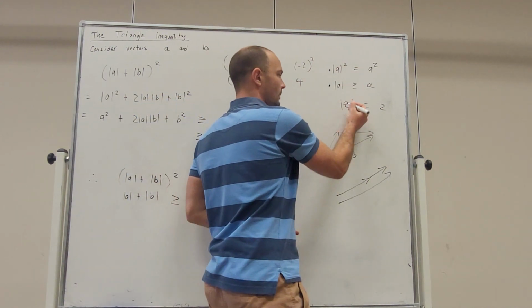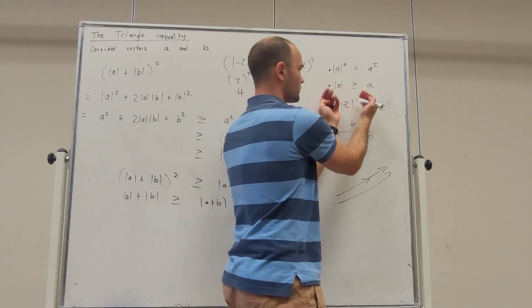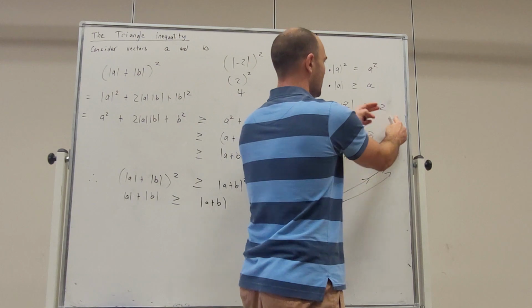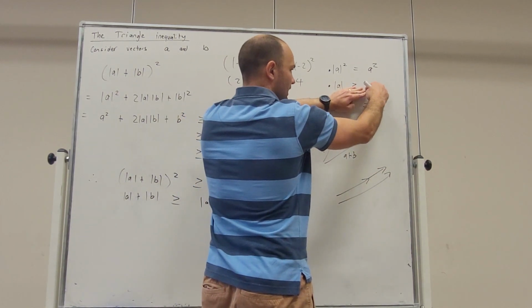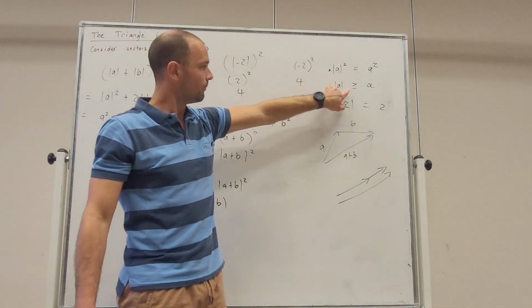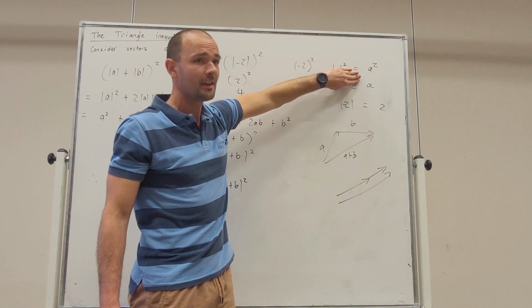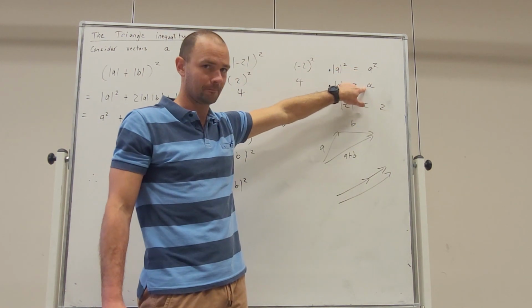If A is minus 2, then the modulus of minus 2 is positive 2, in which case the modulus of A is larger than A. And so here we have a definition of modulus. The modulus of A is either equal to A when it's positive or greater than A when A is negative.